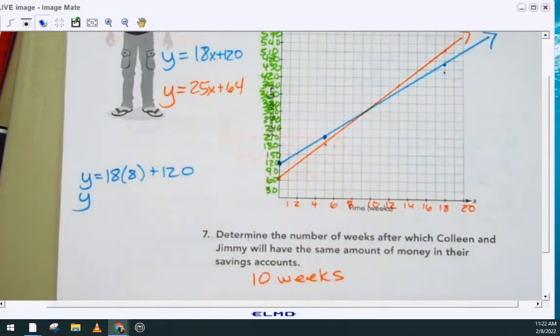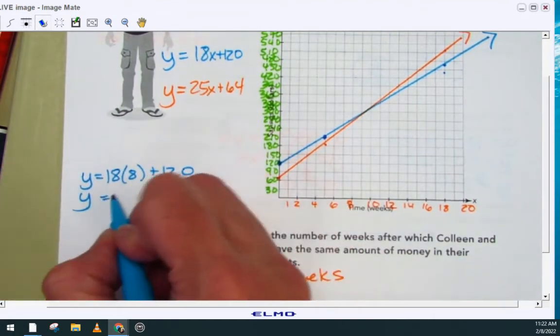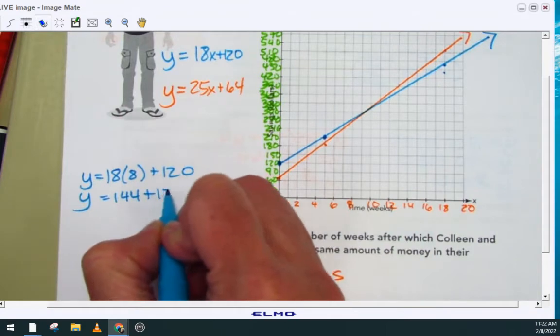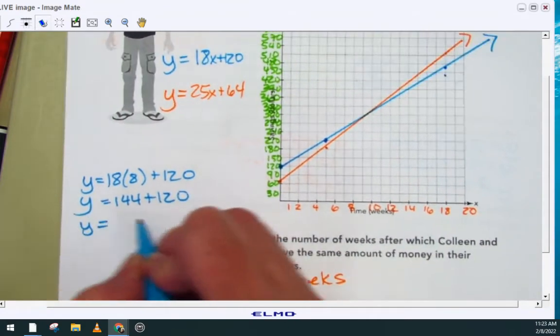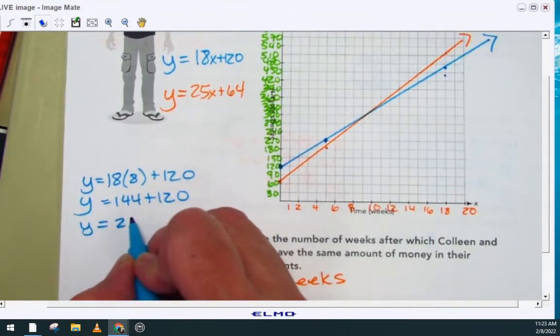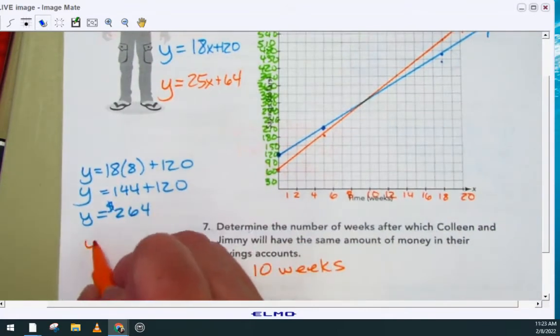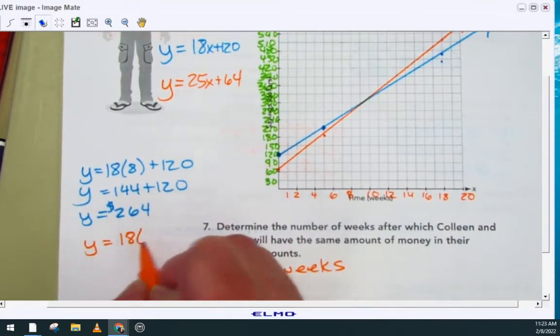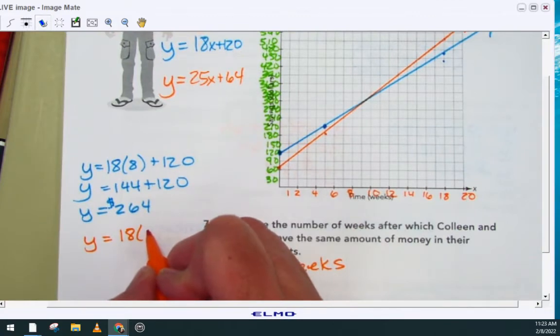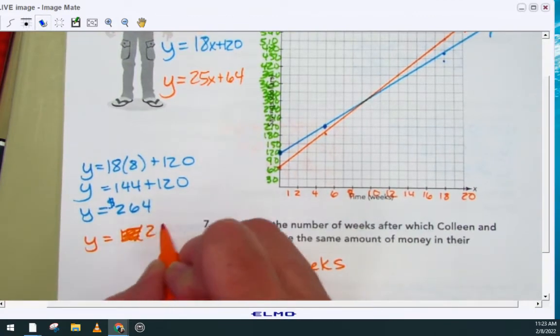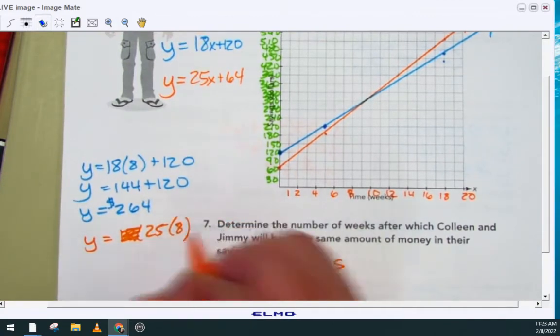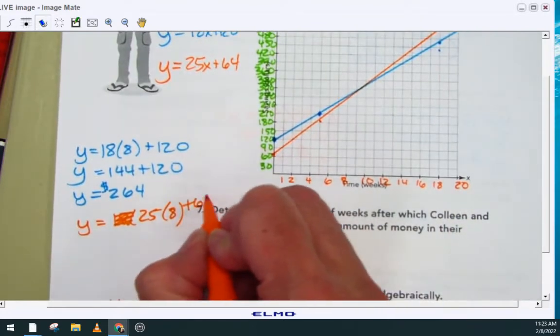So if I did 18 times 8, I would get 144 plus 120, and that would get me 264. That looks about right. And let's try it with the other one, with Jimmy. 25 times 8 plus 64.